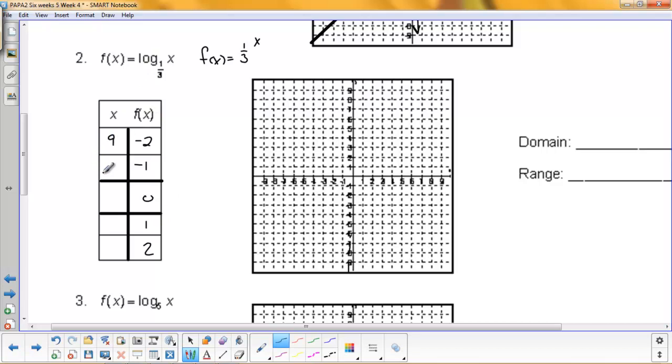If you're having a hard time seeing this, then please put in a second table and fill out the table before making the switch. Domain of this is still, because there are no transformations left and right, greater than 0, and all real numbers.